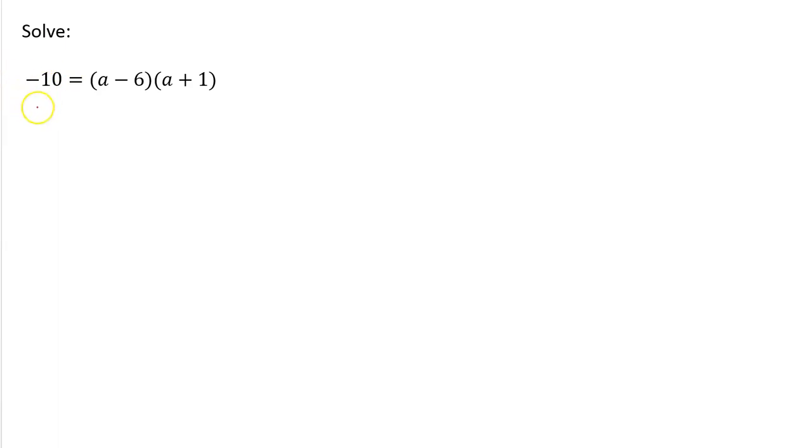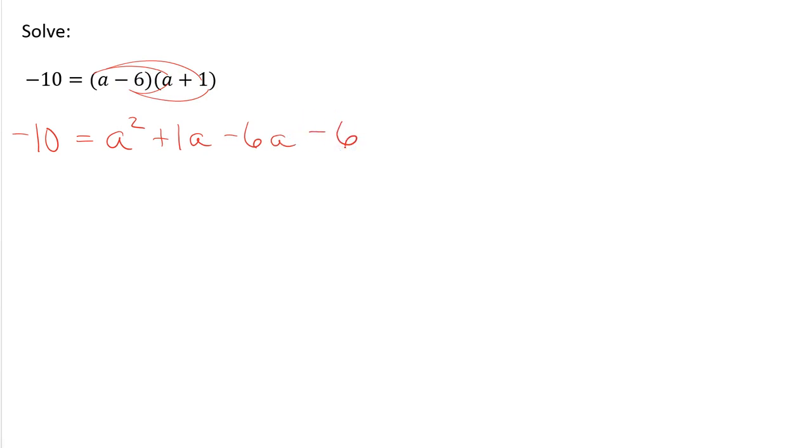Look, there's a -10 over here. Okay, so what I need to do is multiply that out, often that's called FOIL. So it gives me -10 equals, we know a times a is a squared, a times 1 is plus 1a, -6 times a is -6a, and -6 times 1 is -6.